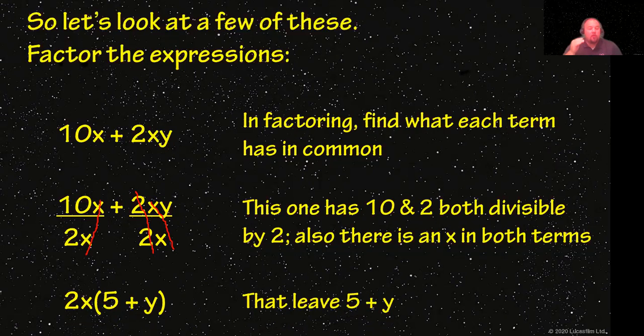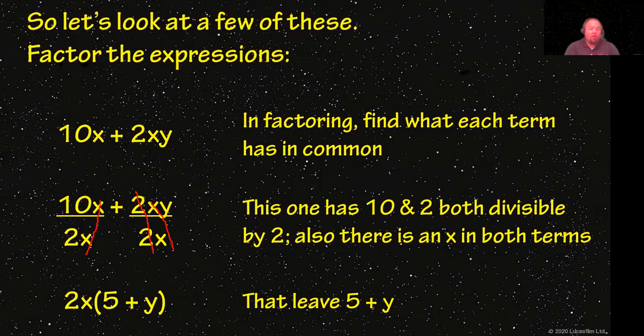And this is just doing this step by step as we go through. If you notice there, I'm just talking through on the side of the page what we're doing. We look at it and go, okay, I know 10 and 2 are both divisible by 2. I know I can do that. You can look at 2, not a lot goes into 2, and if it goes into 2, then I know it'll go into 10.